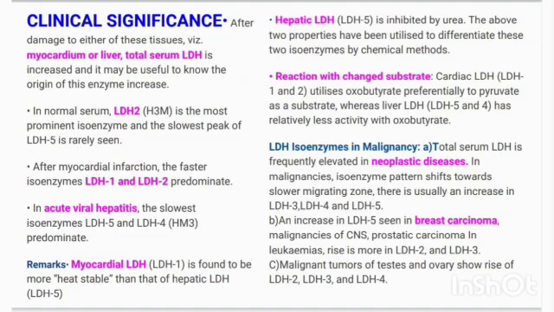An increase in LDH5 is also observed in conditions such as breast carcinoma, malignancies of the central nervous system, prostatic carcinoma, and in leukemias. A rise is seen more in LDH2 and LDH3. Apart from that, malignant tumors of testes and ovary show a rise of LDH2, 3 and 4 fractions. So these are all the important clinical significance of assaying LDH, that is lactate dehydrogenase.